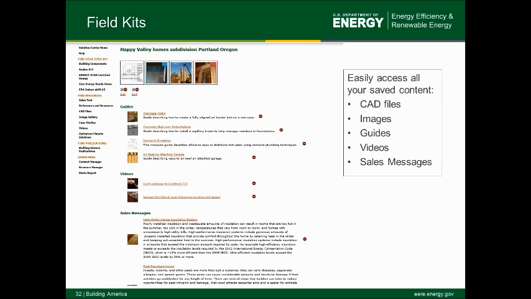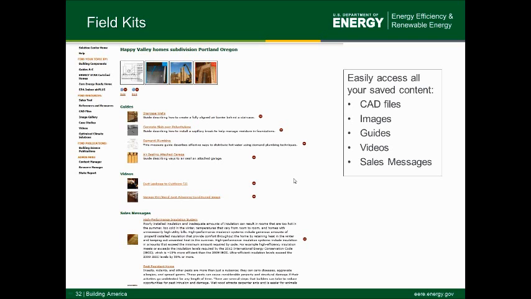And again, this is just a way to bookmark for easy access all of your specific content. The little minus signs allow you to take out the content from your field kits, and again, these follow you anywhere that you are in the Solution Center, so it's easy to add content to your field kits.